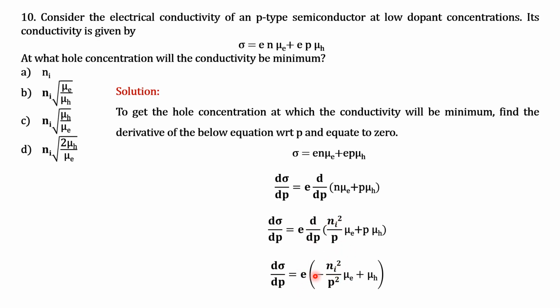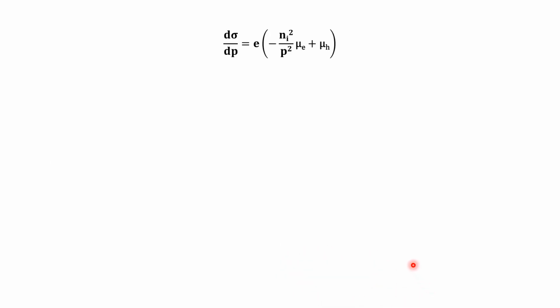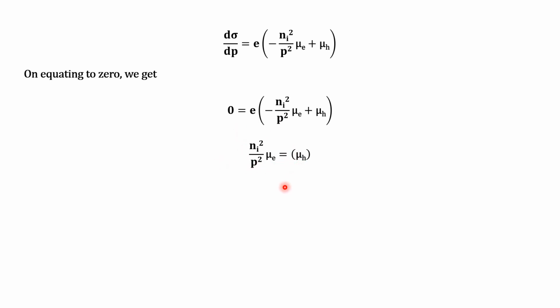The derivative of 1 by p is minus 1 by p square. mu E again is a constant. mu H is a constant. dp by dp is equal to 1. Now we have got this left-hand term. Now we have to equate it to 0. On equating it to 0, e gets cancelled out. We have ni square by p square times mu E is equal to mu H. So we have to find out the value of p.